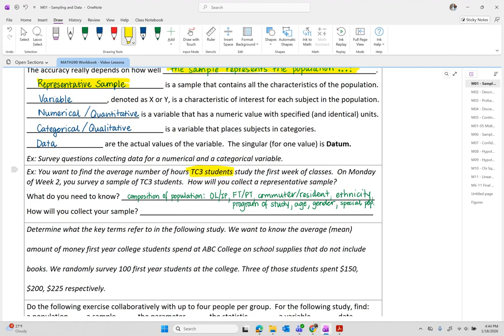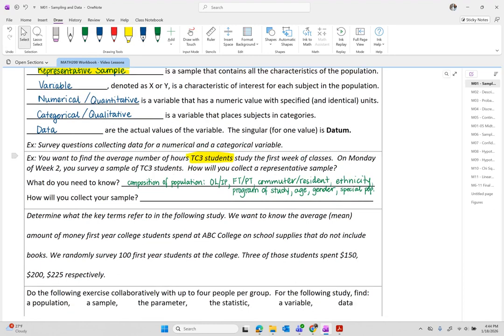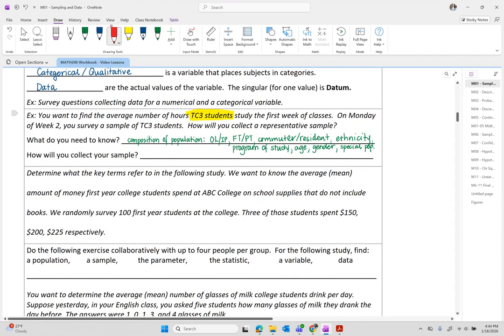So, to collect your sample, you have to find a way to include observational units, subjects, individuals that represent the population, that have the characteristics of the population.